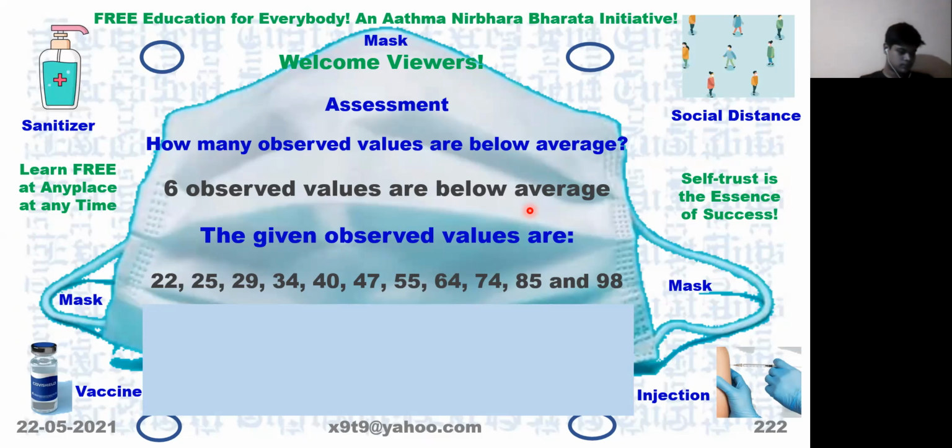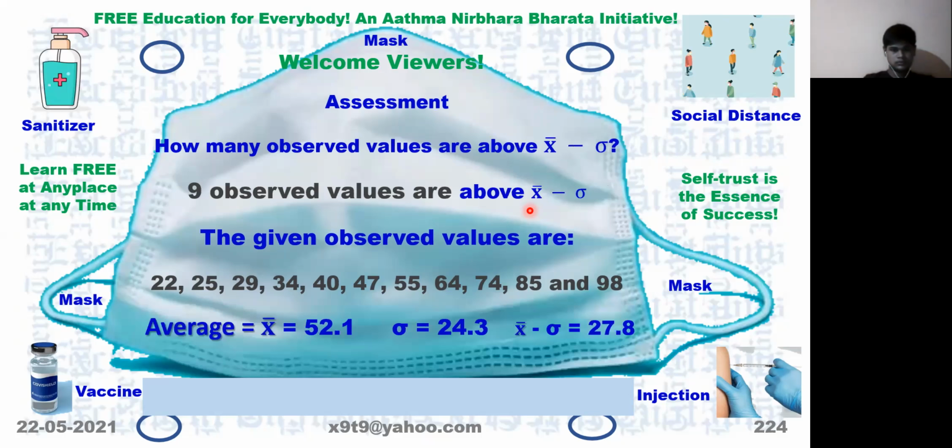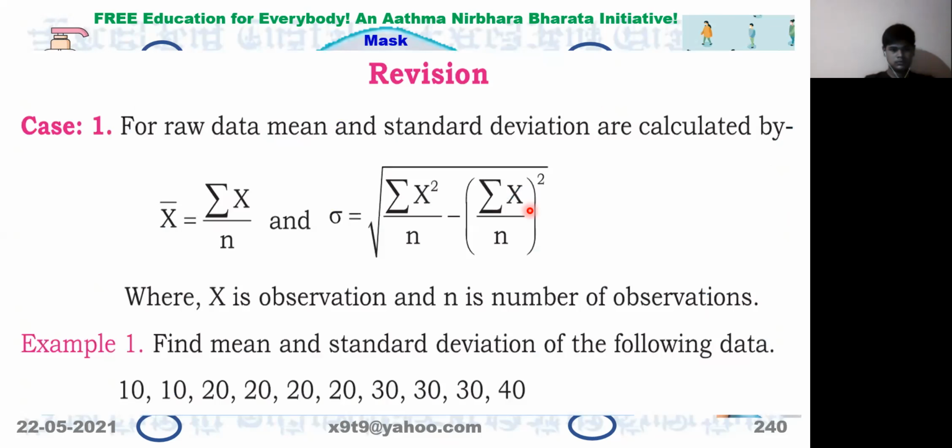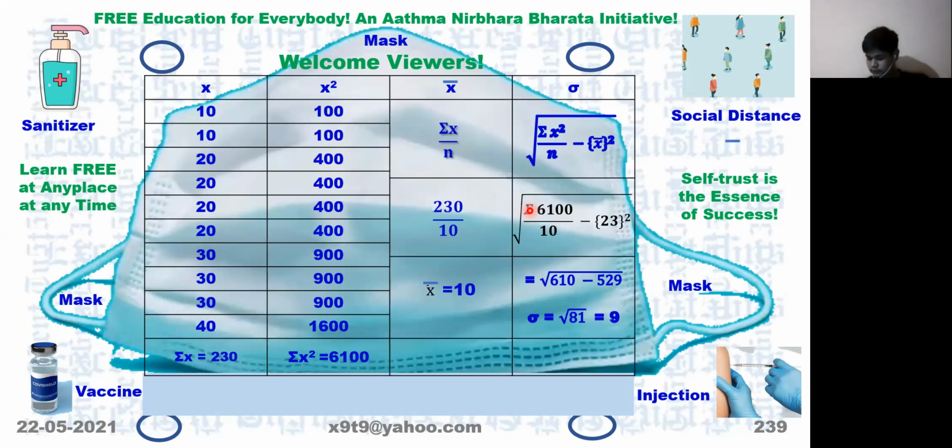Now for this one, use the previous table, that is the x square table. No, there we did it for the deviation method. You can try this method, x square, also.